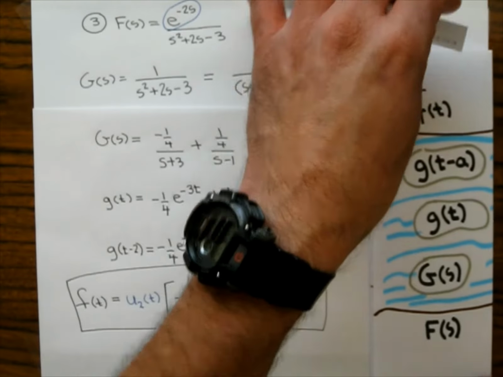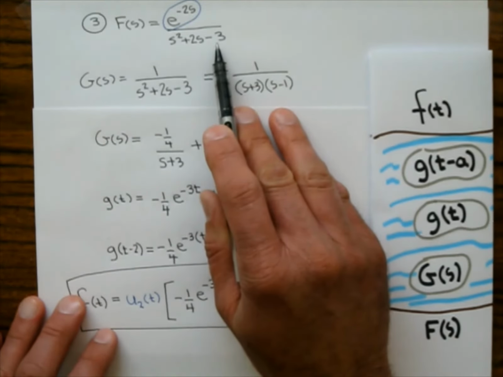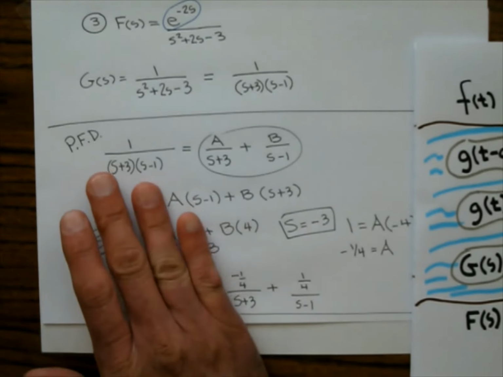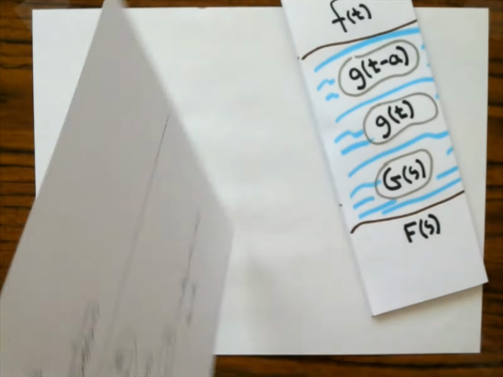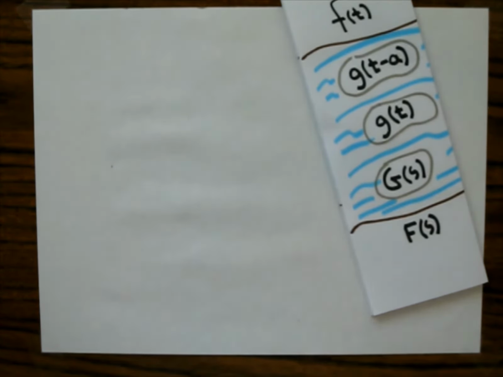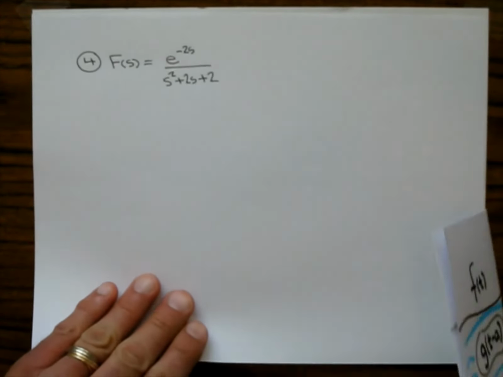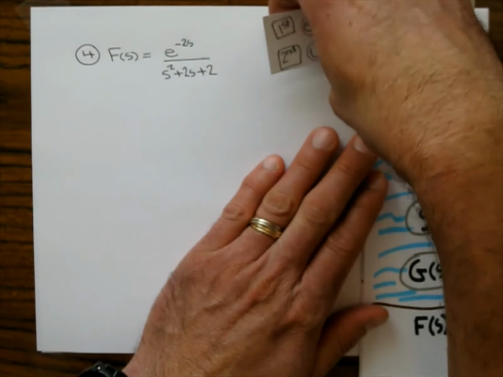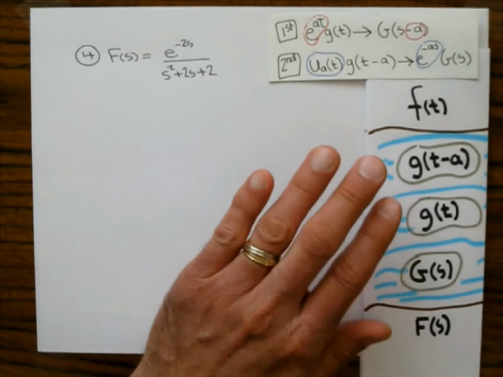I'm going to change that negative 3 in this problem to a positive 2, and that's going to become problem number 4. So let's get rid of all this junk here. You might already know how to do this one. We haven't done the second shifting theorem like this, but something's going to seem familiar.